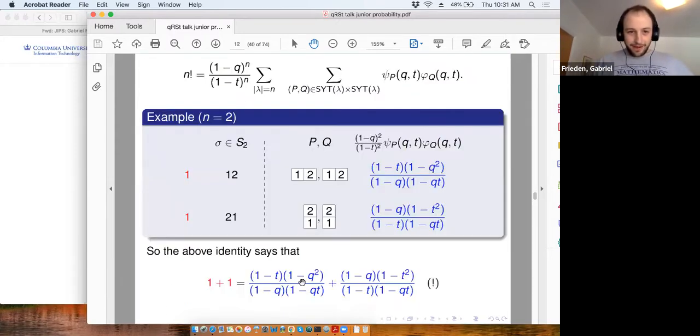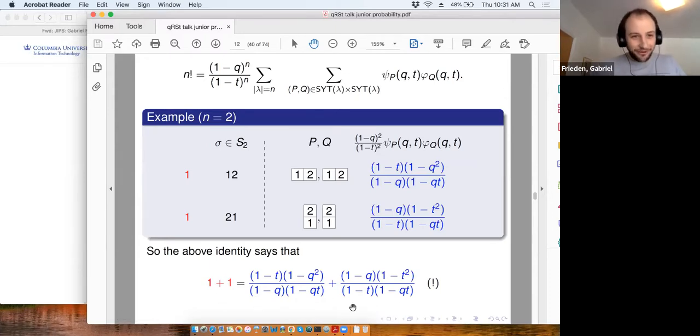But we run into an immediate problem. If we write down what the two sides look like in the simplest case, n equals 2, the identity is saying that 1 plus 1, the number of permutations, is equal to the sum of these two rational functions.